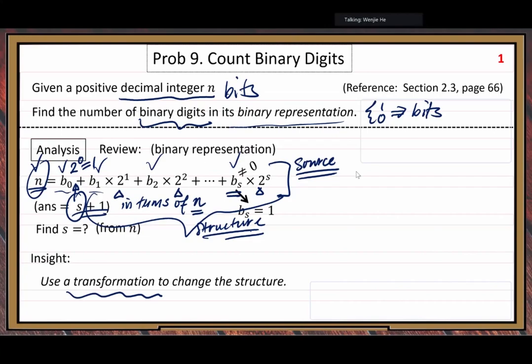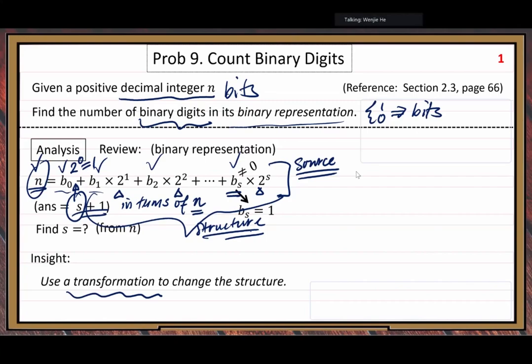So you should take advantage of the special structure of power of 2 numbers. How to take advantage of that structure? Power of 2, special structure: division by 2.